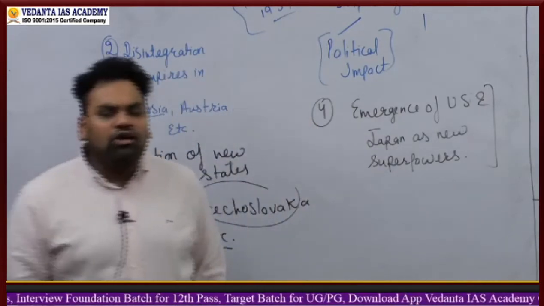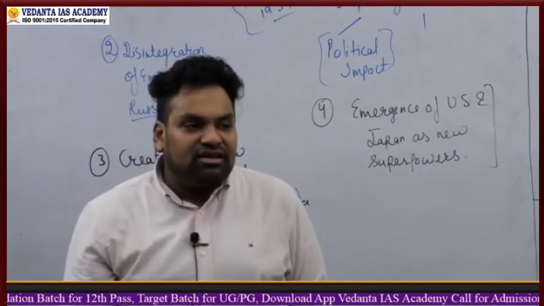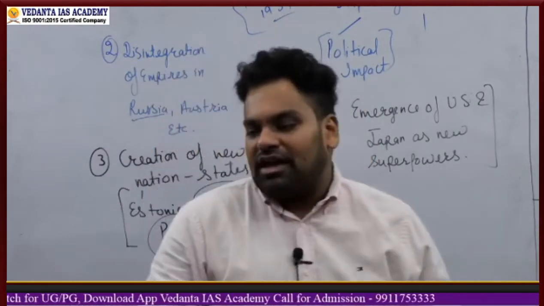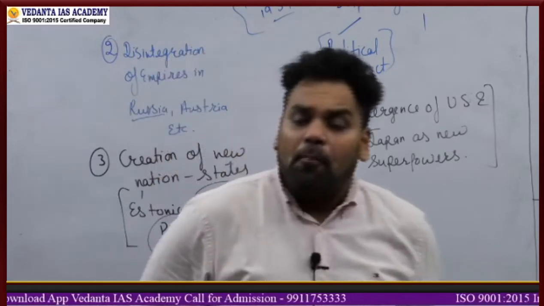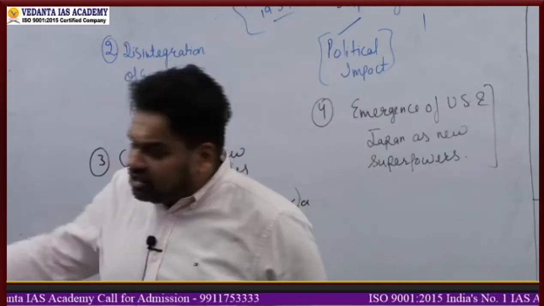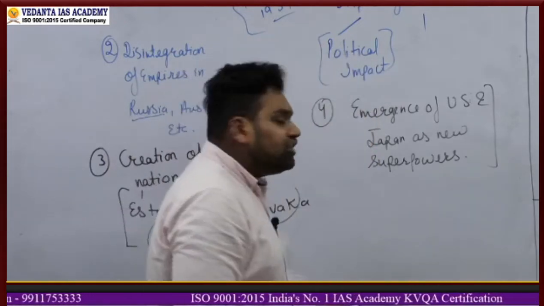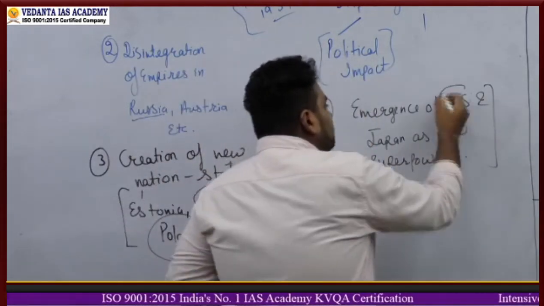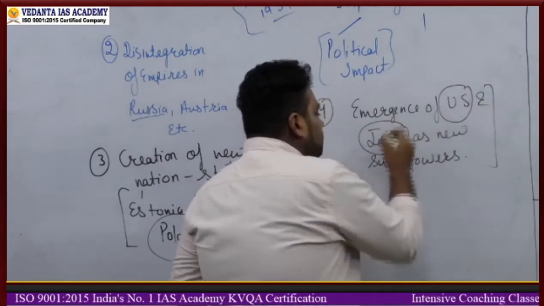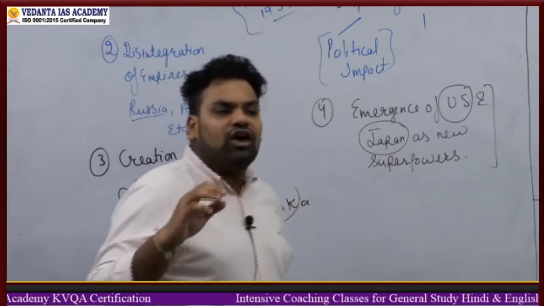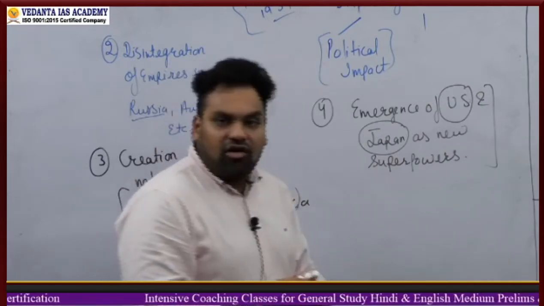Up till now, what we have is that Britain, France, Germany, all these people were very, very powerful, right? But now, what is going to happen is that we will see the rise of new nations like US, rise of nations like Japan, who are now going to control the affairs of the world.